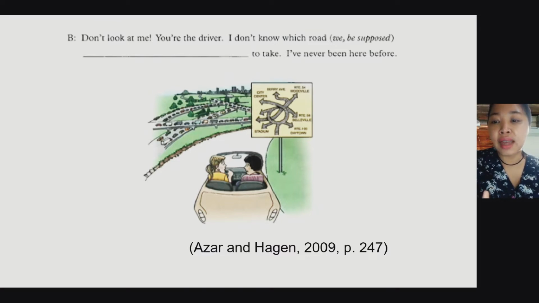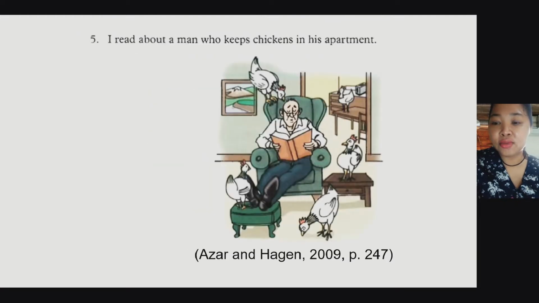But what kind of clause is it? Okay, all right. If I go to the second one, here there is a sentence. I read about a man who keeps chickens in his apartment.